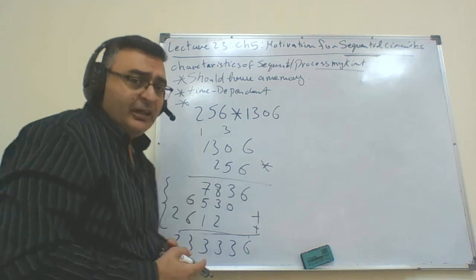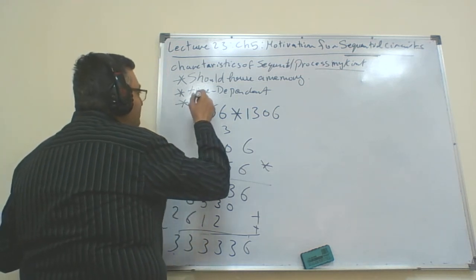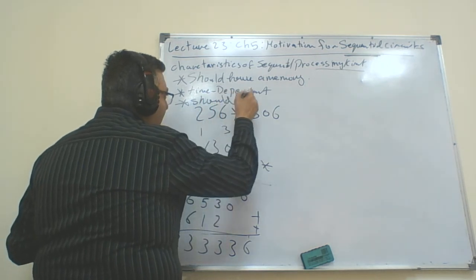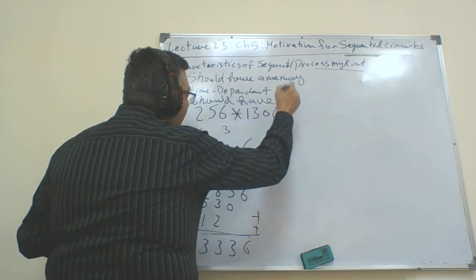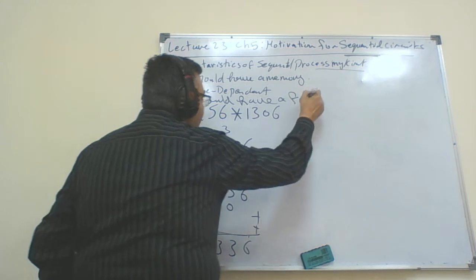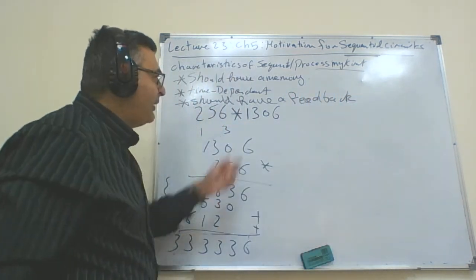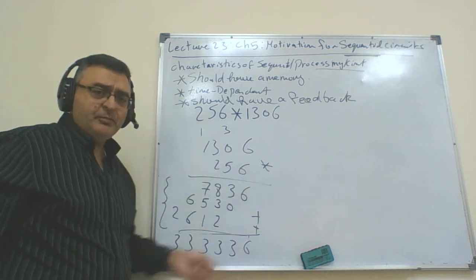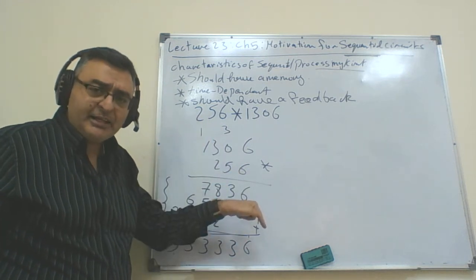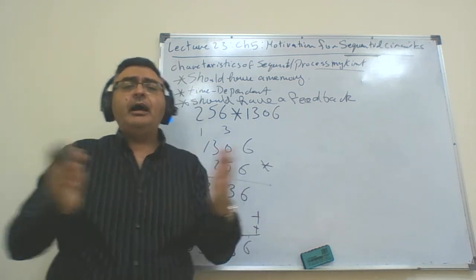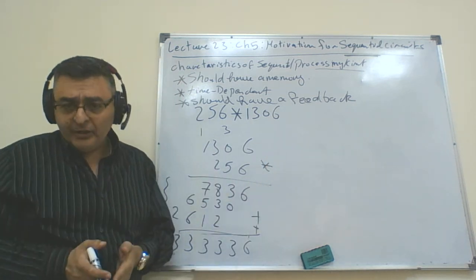We call this a feedback. So the system should have a feedback. The system should have a feedback means the output of the system is fed back to the system as an input to produce the new output, and I will keep doing this until I reach my final answer.